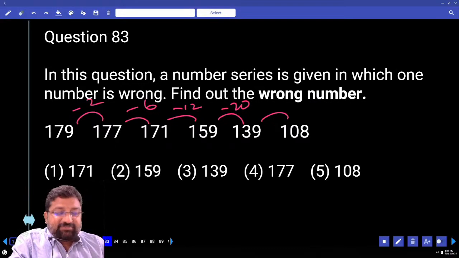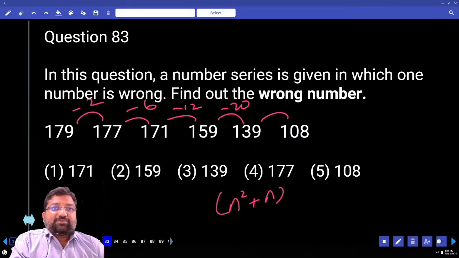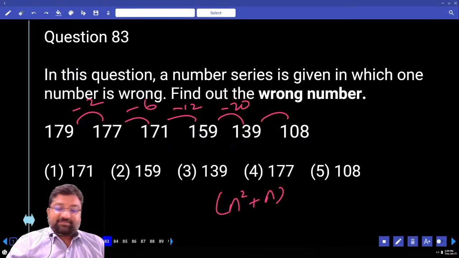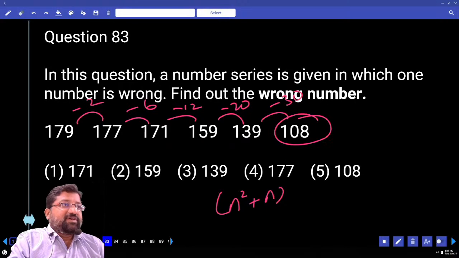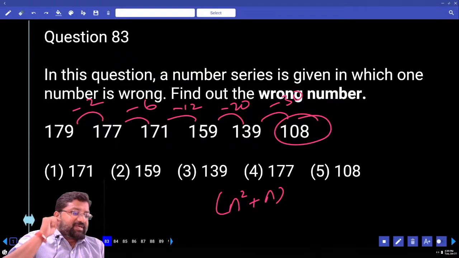Don't tell me difference of difference. Children don't do difference of difference. n square plus n: 1 square plus 1, 2 square plus 2, 3 square plus 3, 4 square plus 4, 5 square plus 5. Minus 30. Is this clear? As soon as you see 2, 6, 12, 20, the thought should come to your mind. Okay?